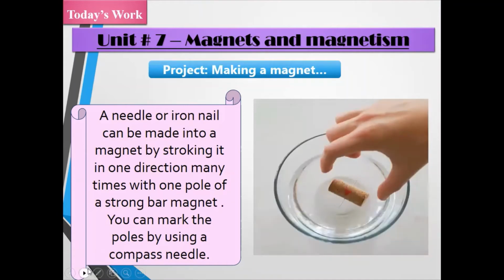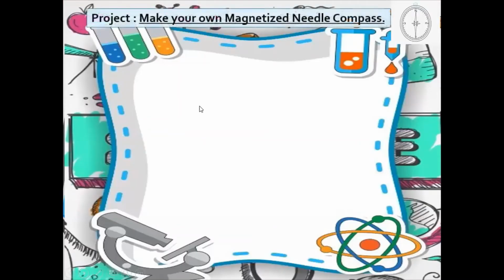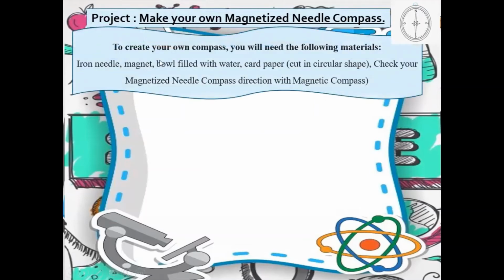And the next one is to make your own floating compass. How can you make your own floating compass or magnetized needle compass? It's very simple, students. The things required are an iron needle or steel needle, anyone you can take, a magnet, a bowl filled with water, and card paper cut in a circular shape. Check your magnetized needle compass direction with a magnetic compass.